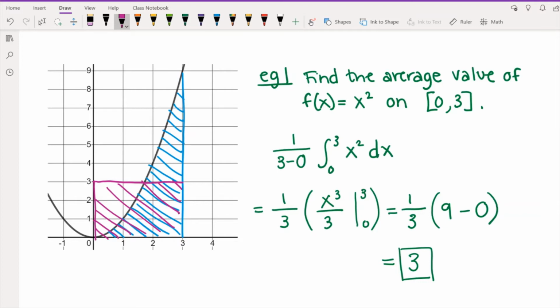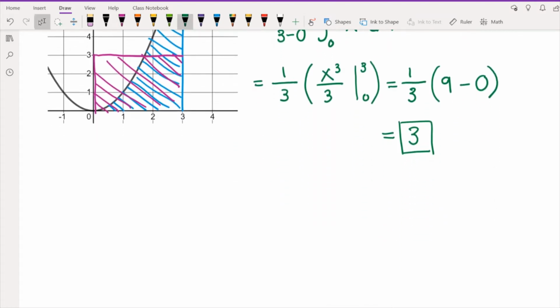Because what we're saying here is that if you imagined this function, f of x equals x squared, as a constant function, if you smushed it down so that it became a constant function, in order for it to have that same area under its graph, it would then need to be at a height of 3. And so therefore, the blue area is the same as the purple area.